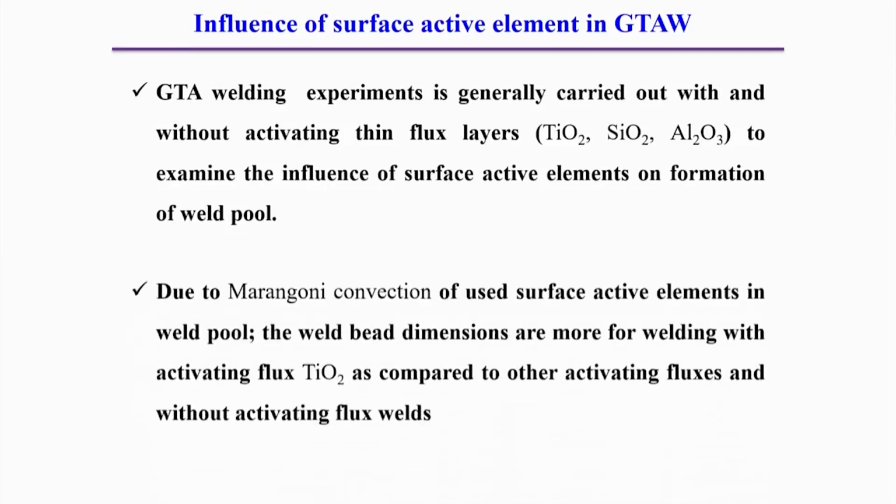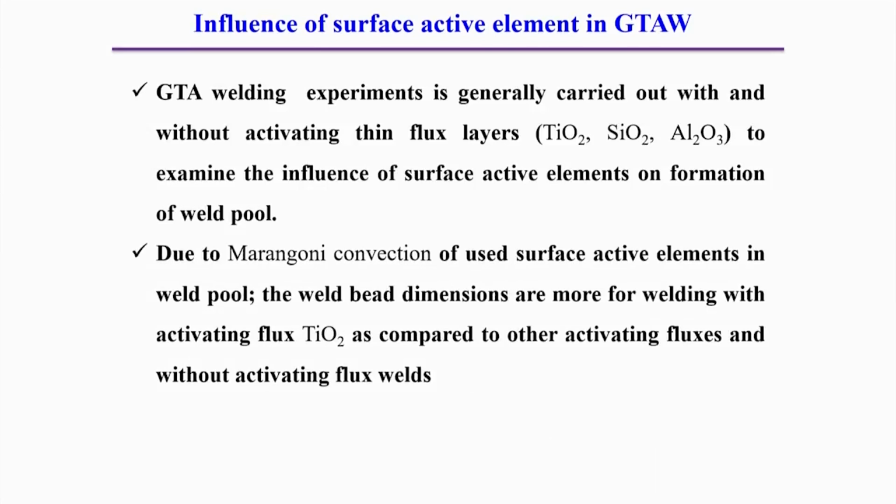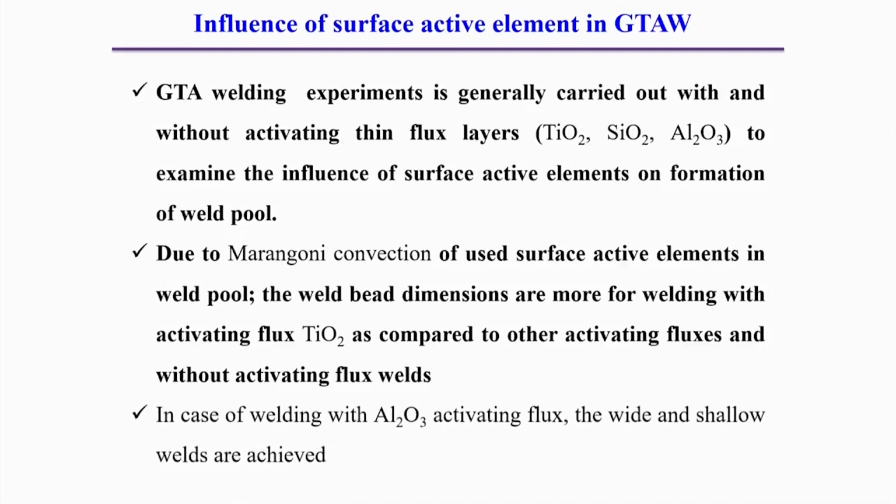So, therefore, if we look into the GTA welding process, experiments are generally carried out with 3 different flux layers. We can find that, due to the Marangoni convection of the surface active elements in the weld pool, the weld bead dimensions can change significantly and it is possible to modify them, but TiO2 is the most effective as compared to the other surface active elements.